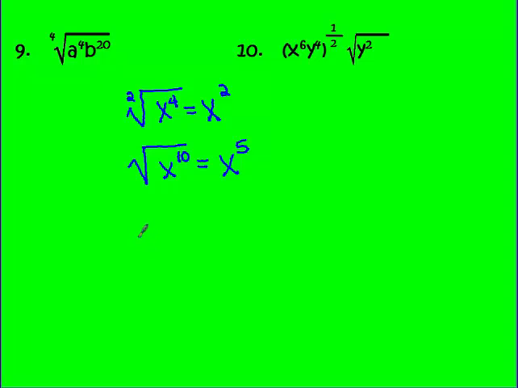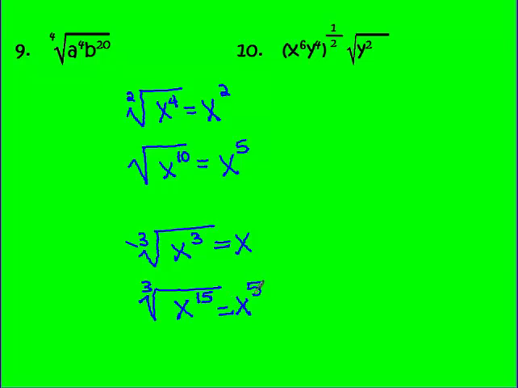Well, if you want something like the 3rd root of x cubed, you're going to be dividing by 3, so that equals x. If you want the 3rd root of x to the 15th, that's going to be x to the 5th.